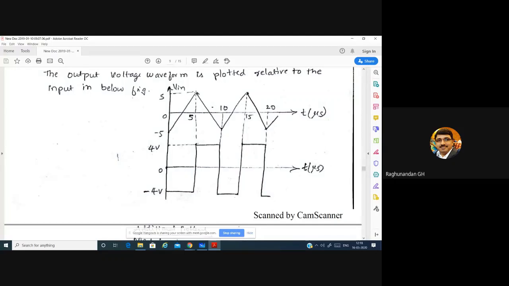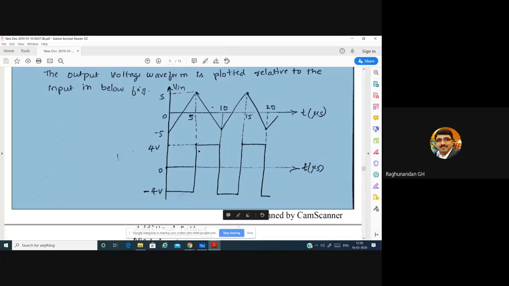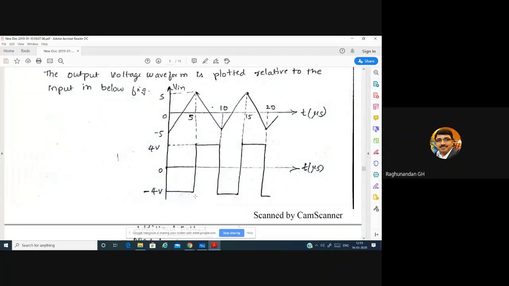When it starts moving towards negative, the output starts at the positive level. So you can tell the raising side of the triangular wave gives out the negative level of the square wave, and the falling side of the triangular wave will give you the positive side of the square wave.